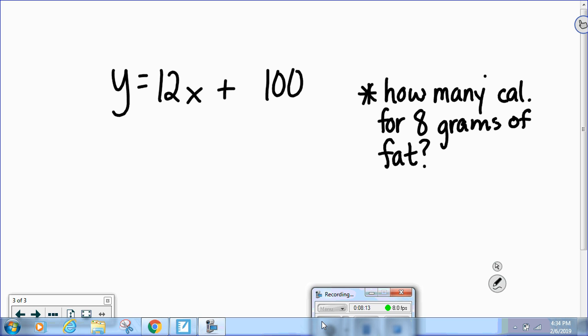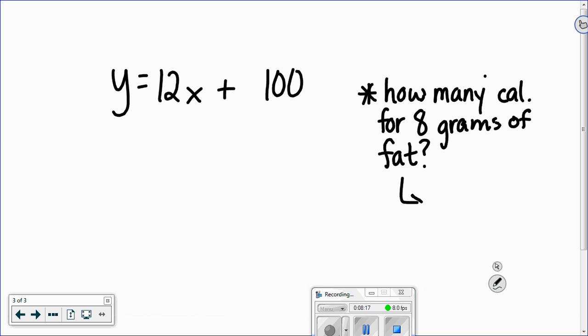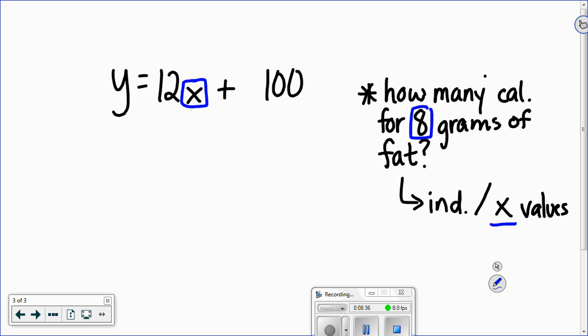Calories are dependent, they depend on, which means fat must be, again, independent. In other words, x values. So my 8 grams of fat is going to be my x value.